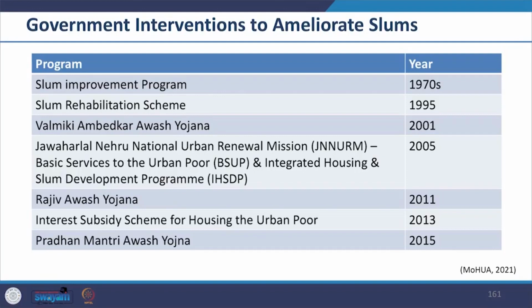Major programs started by the Government of India towards inclusive city development with focus on slums, including provision of basic services and affordable housing to the urban poor, include: slum improvement program in 1970, then slum rehabilitation scheme, Valmiki Ambedkar Awas Yojana, JNNURM, then basic services to urban poor, integrated housing and slum development program. Further, we see Rajiv Awas Yojana, then interest subsidy scheme for housing the urban poor. Now we have Pradhan Mantri Awas Yojana.